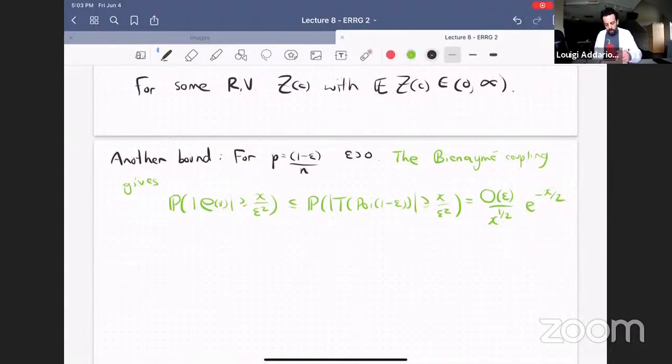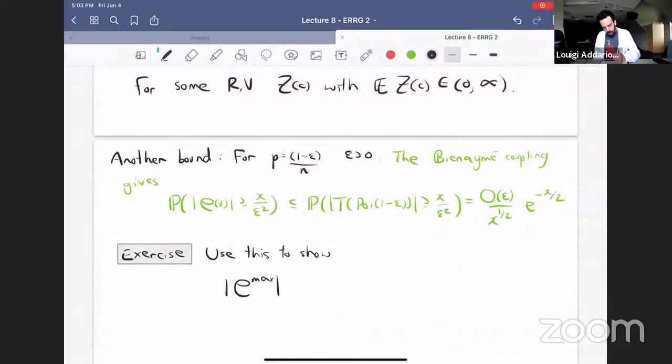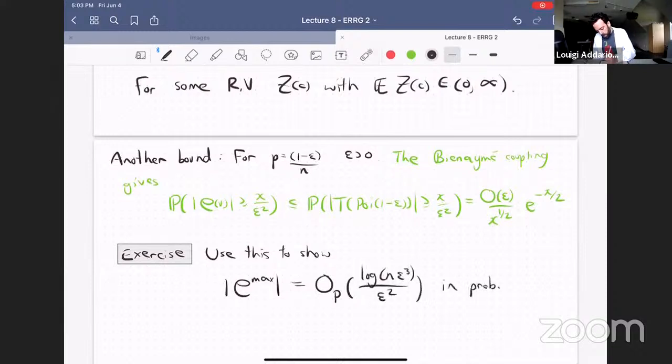And so one of the exercises in the notes, not too hard, is to use this to prove that for this subcritical case, the largest component has size order log n epsilon cubed over epsilon squared in probability.